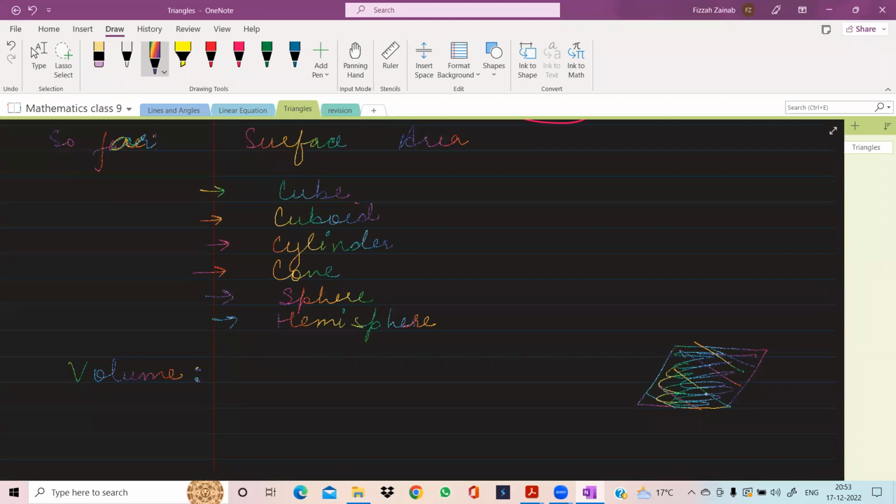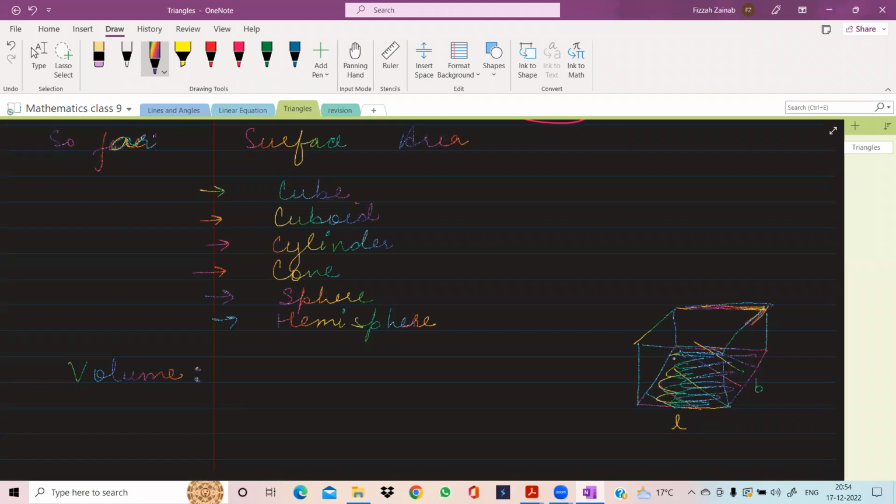Understand? Now, if I give it some height. As you can see, this is rectangular, so it has a length and a breadth. It doesn't have any height. So I give it some height. Now it becomes like this. So it's like a closed box.